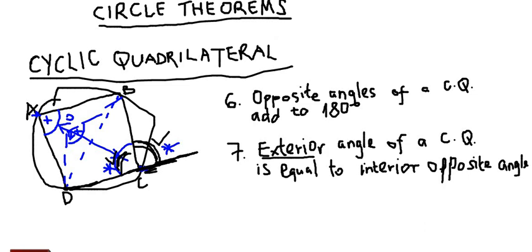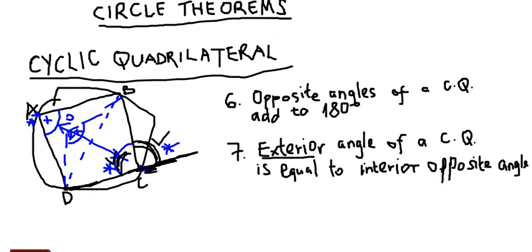And you remember we have also said the opposite angles inside the cyclic quadrilateral, the angle at C and the angle at A, also add up to 180. Which means this angle at A, when added to the angle at C, you get 180.